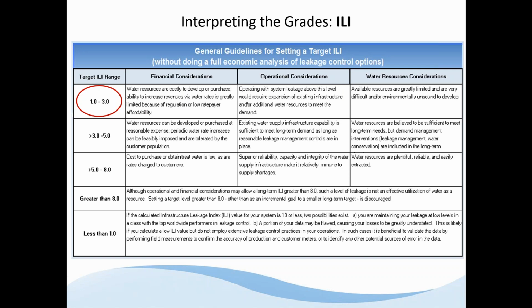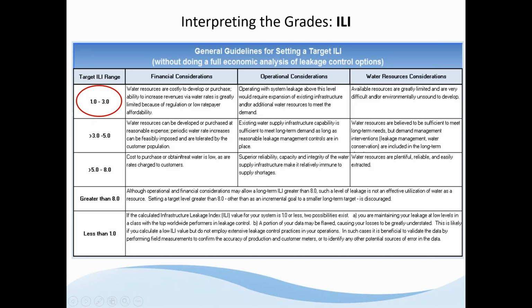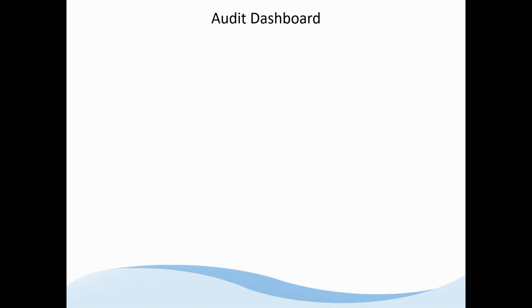But our water system in Illinois falls in the 1.30 range, so it's in a good range. They do a lot of really good things and do a lot of things financially, operationally, and through their resources well. But there's still more that can be done.